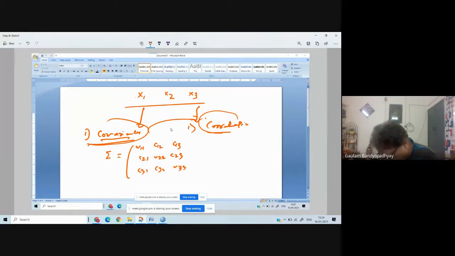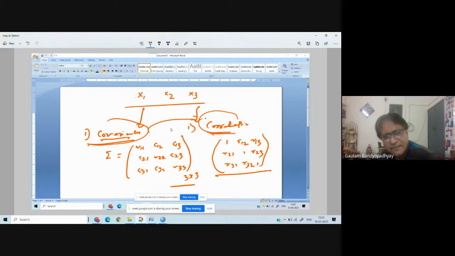That is called a 3 by 3 covariance matrix. Similarly, what is the correlation matrix? It is 1, R12, R13, R21, 1, R23, R31, R32, and 1. So this is called the correlation matrix.